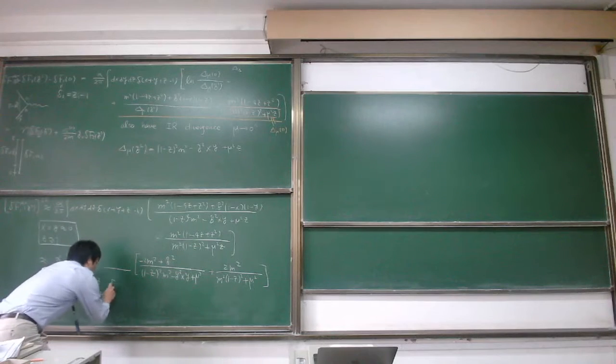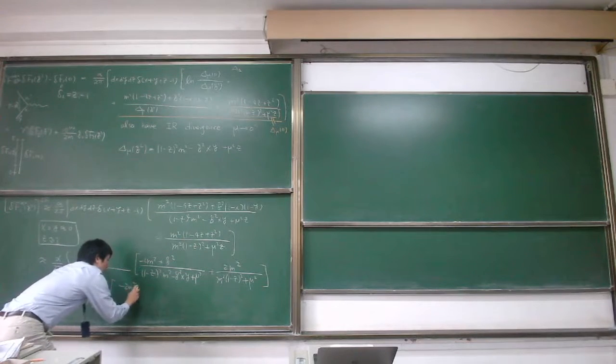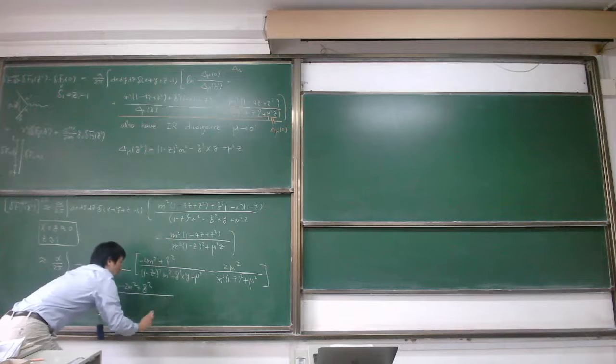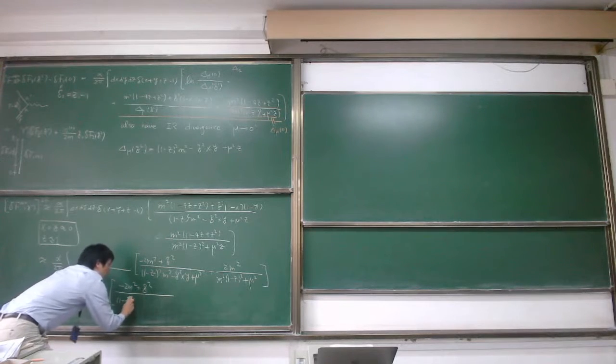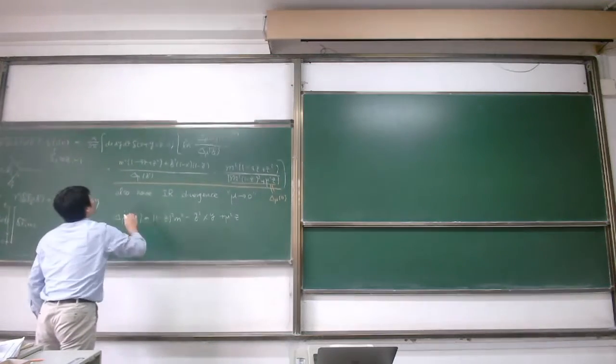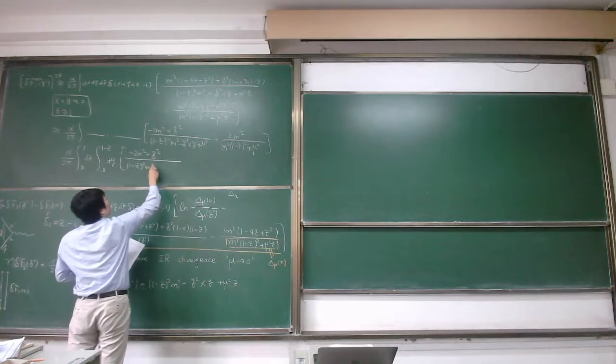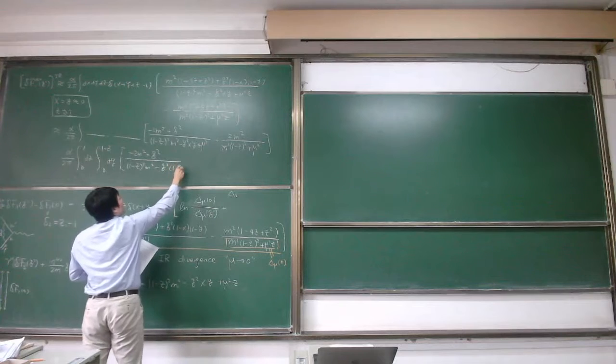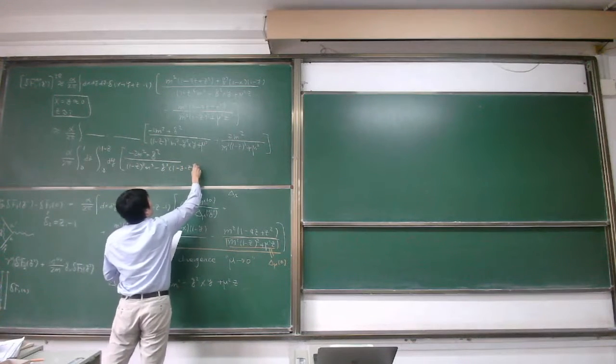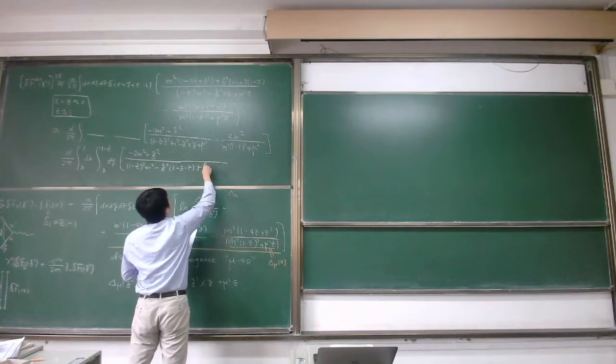And then here what we have is 1 minus d squared, square and square, like this way, plus mu square.